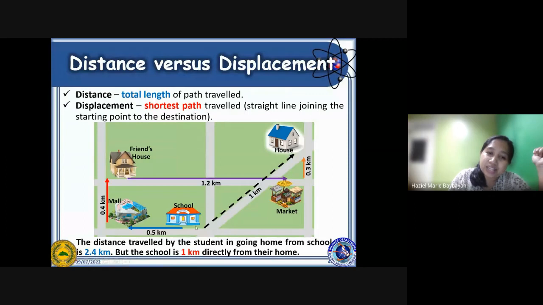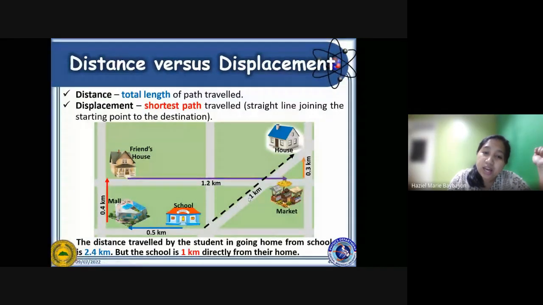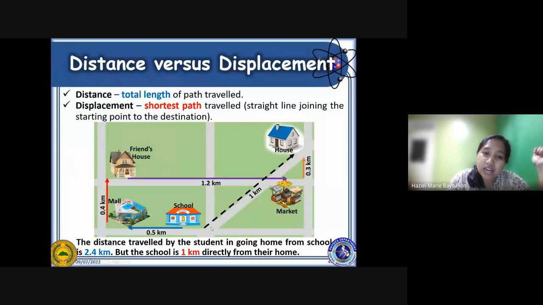It is the straight line joining the initial position and the final position. So in this case, it is 1 kilometer. Did you get the difference, class? Yes, ma'am. But this is only the magnitude of the displacement. You need to specify a direction. Yes?